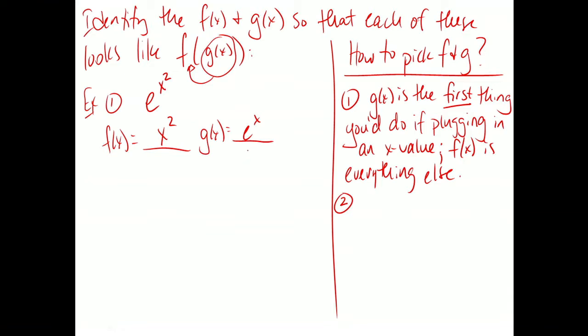So if I take g and plug it in for x, I would get e to the x, and then that whole thing squared. I plugged it into the squaring function, which means I would square it.